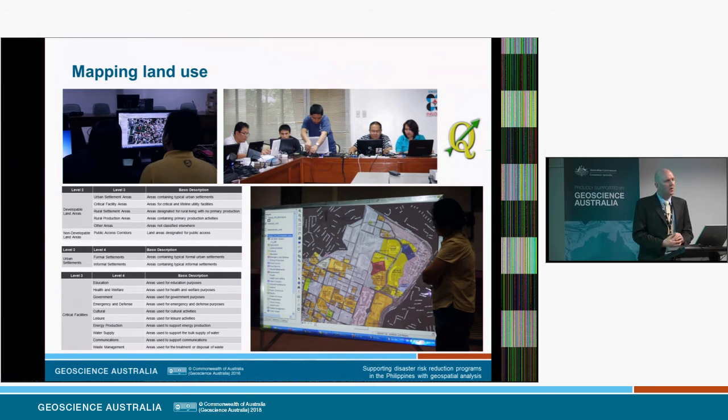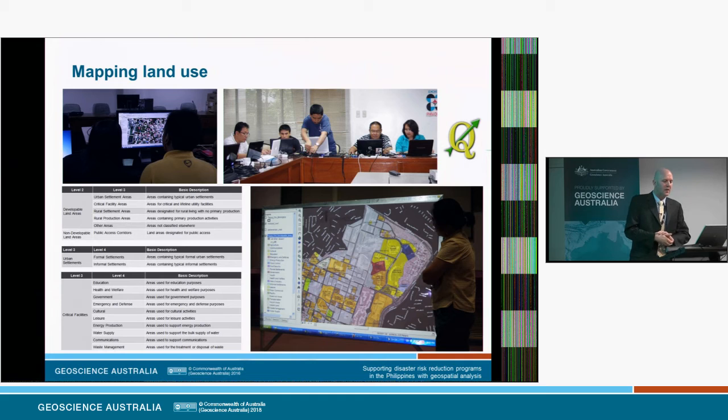One of the first things we needed to do in that work was to come up with a land use classification schema that was going to work for risk analysis. So we worked with the partners to come up with the variety of uses that were found throughout the metropolitan areas. And we made the distinction that this land use mapping was very different to the type of land use mapping that, say, city planners might think about in terms of what is a prescriptive land use, what you're actually permitted to do in a particular area.